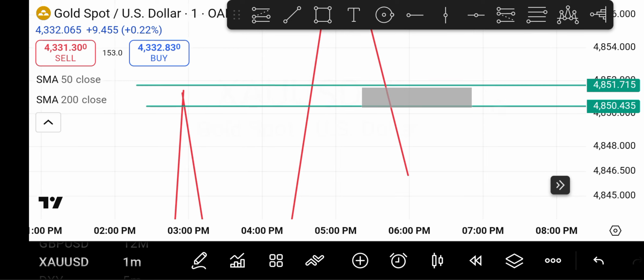So let's say in a situation where the price closes below this grey zone, which means the price is about to reverse.